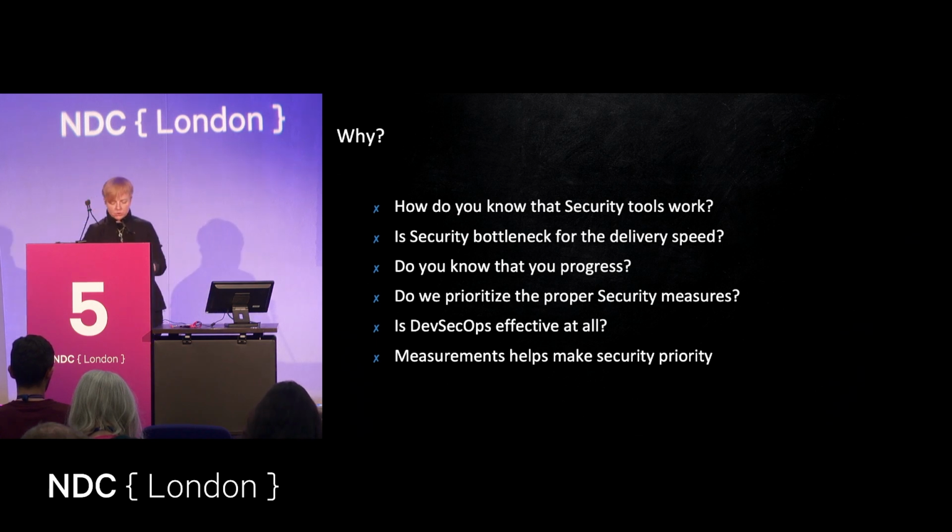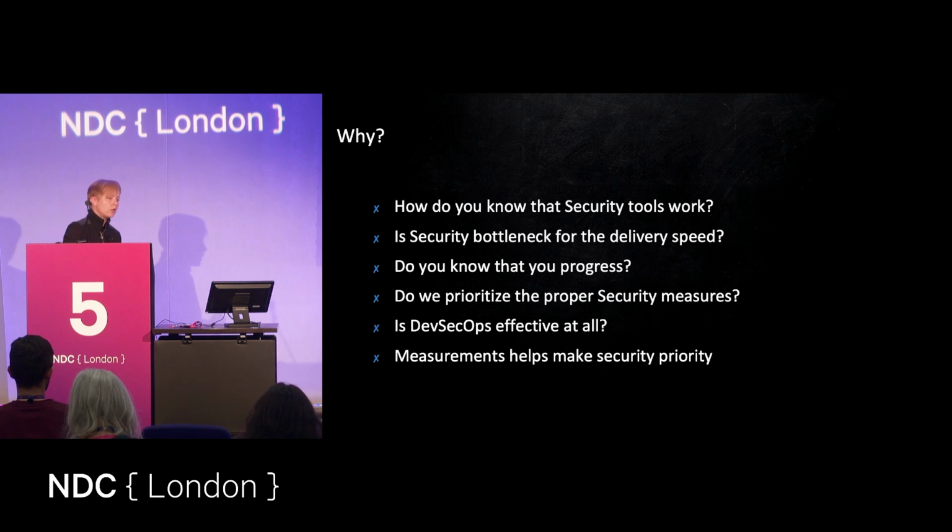Or you bought a fancy dependency management tool, and now you're ready to buy the SaaS tool, and you come to the stakeholders and say, we need money because we see that we improve in security, and they are like, but you're asking for more money, and you're saying that you're improving. What are the numbers?